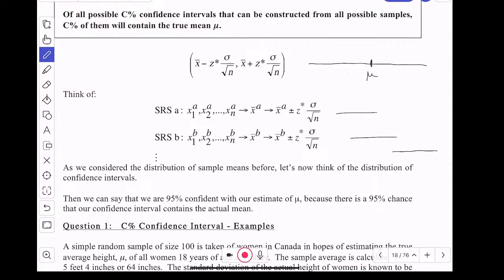So you can imagine, I want to be more confident, I make a larger confidence interval, and with greater chance, like 99%, 99.7%, that it actually contains the true mean. But you have to be careful because you went through the trouble of collecting data and having a sample. You don't want to give an estimate that's a huge interval, right? So let's say we know women have heights on average about 64 inches.